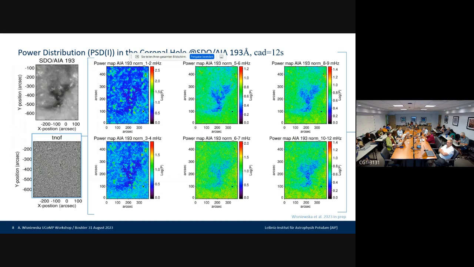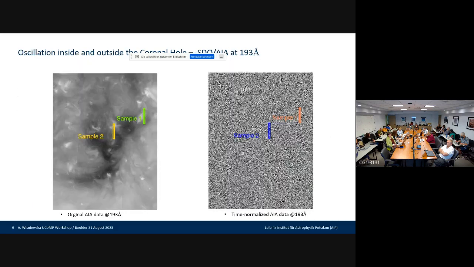And we can see that the coronal hole, even in the normalized data, when you don't have really high intensity difference between this area, is still visible. This leads us to the idea that it might be a means to estimate boundaries of the coronal hole, which might then be useful to my colleagues in later analysis.